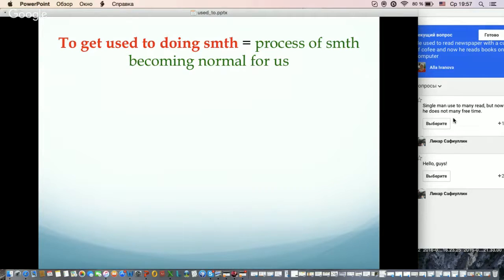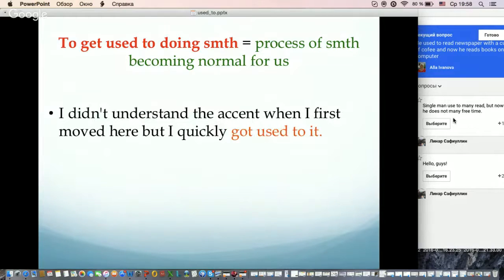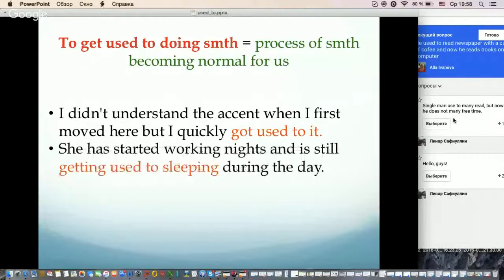То есть мы подразумеваем процесс привыкания к какой-то вещи, когда какое-то действие становится для нас привычным, нормальным, каждодневным. I didn't understand the accent when I first moved here, but I quickly got used to it. Я не понимал акцент, когда я впервые приехал сюда, но я быстро к нему привык.